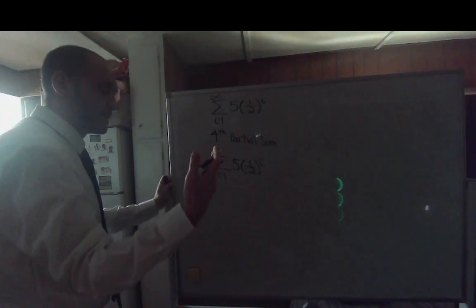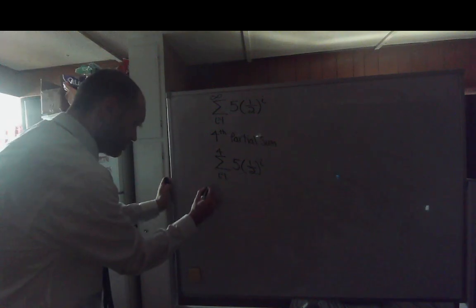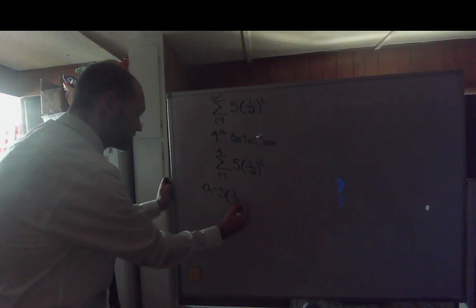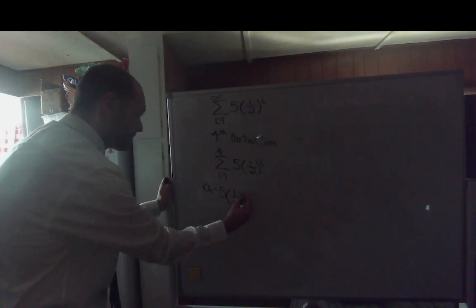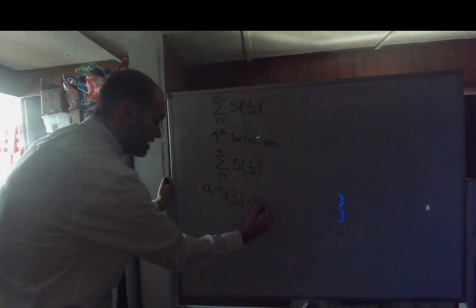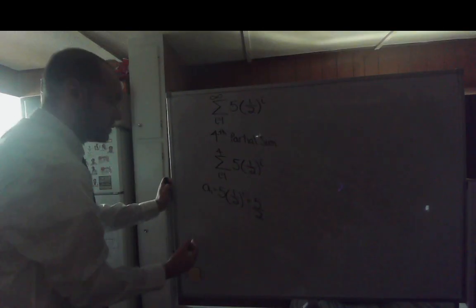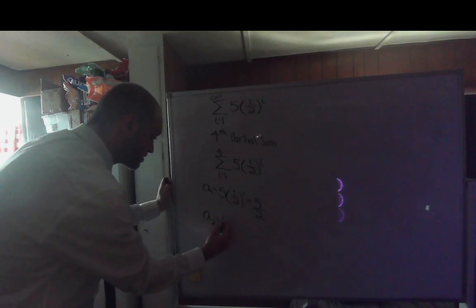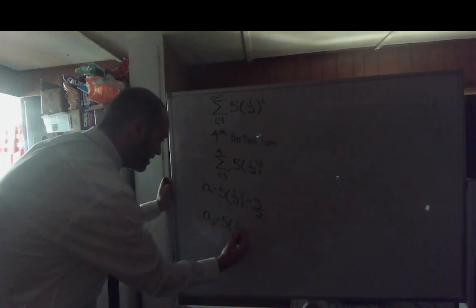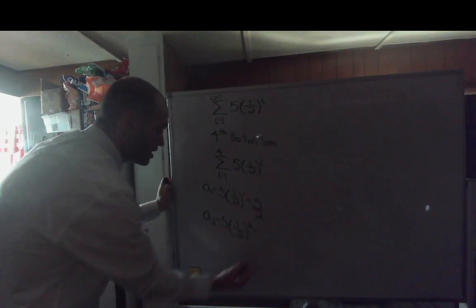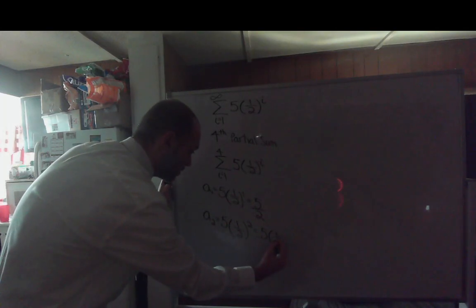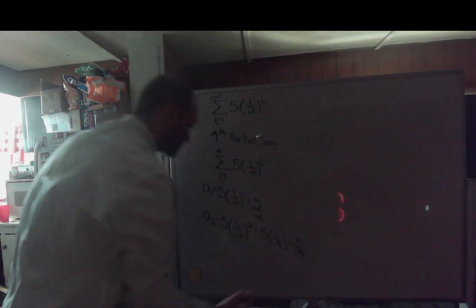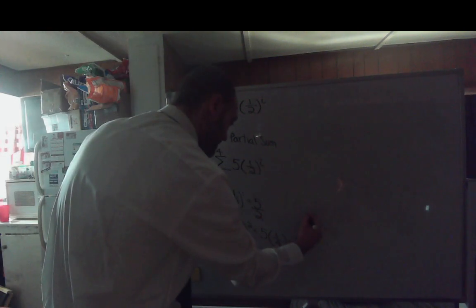Now we just find the first 4 terms. So a sub 1 is going to be 5 times 1/2 to the first power, which would just give you 5/2. A sub 1 is 5/2. What about a sub 2? That's going to be 5 times 1/2 to the second power, which would be 5 times 1/4, which would be 5/4. Let's find a sub 3.